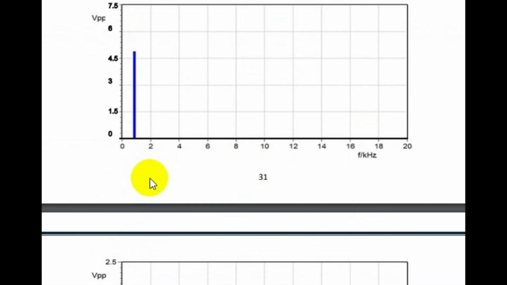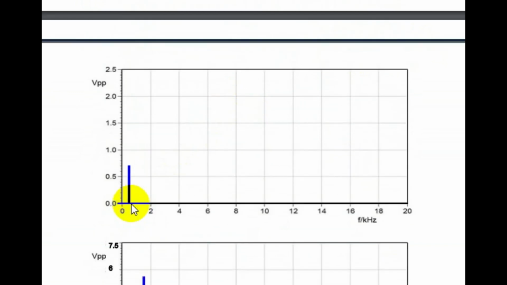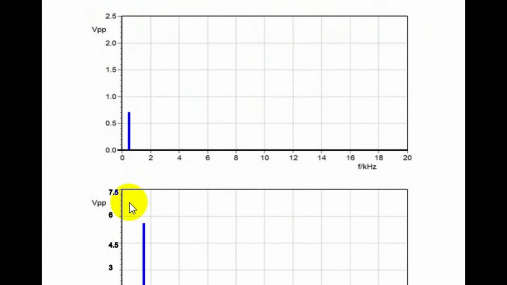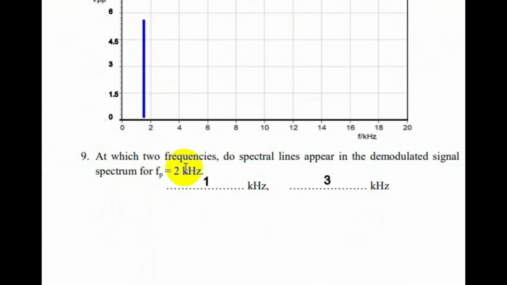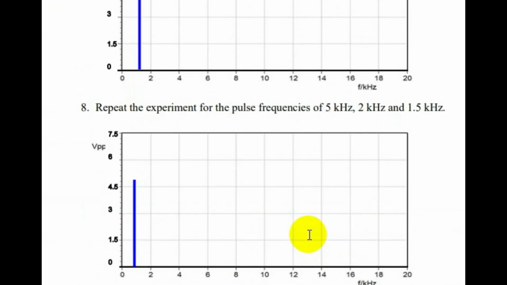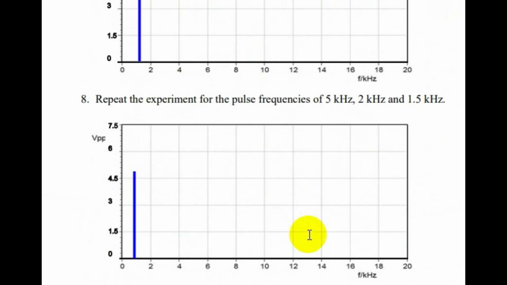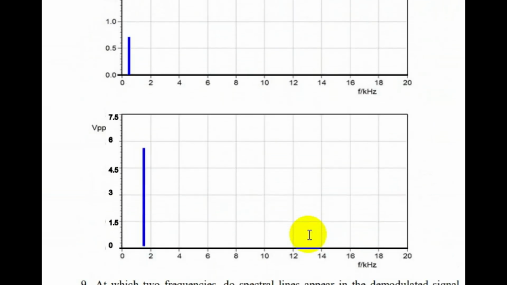Here, when we change the frequency, it is for the 5 kilohertz, for 2 kilohertz, and for 1.5. For the last part write the three samples. It is at 1 kilohertz and 3 kilohertz. Just complete this experiment and submit it through the course method.